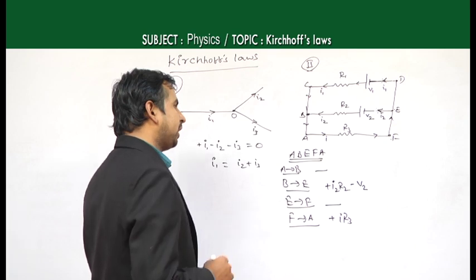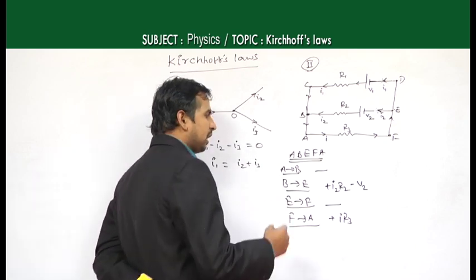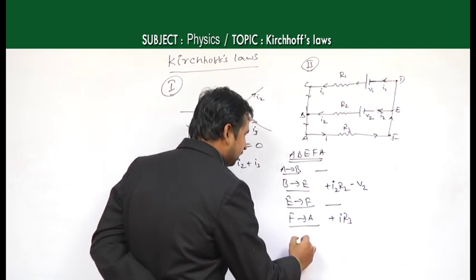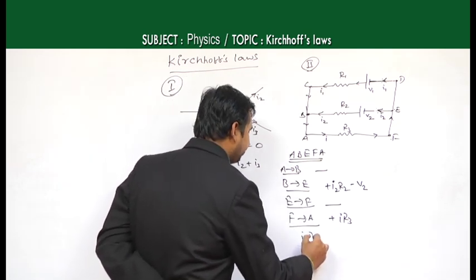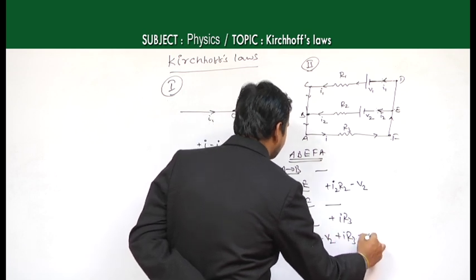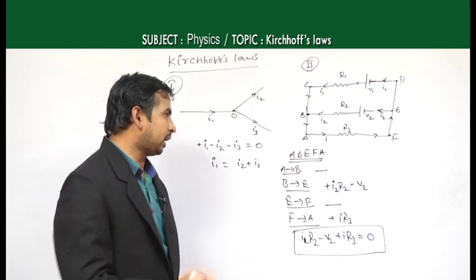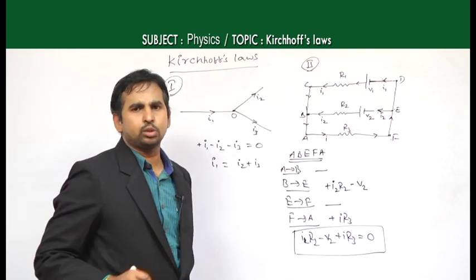Finally, for the complete circuit A, B, E, F, A, the potential difference across it is I2 R2 minus V2 plus I R3, and this algebraic sum is equal to 0. This is nothing but the Kirchhoff voltage law.